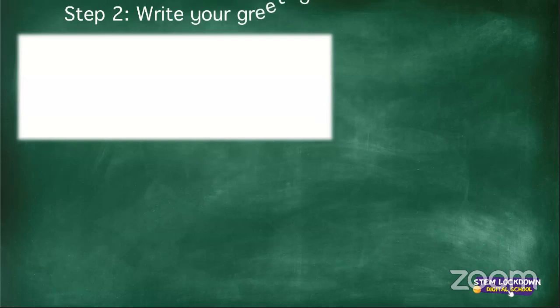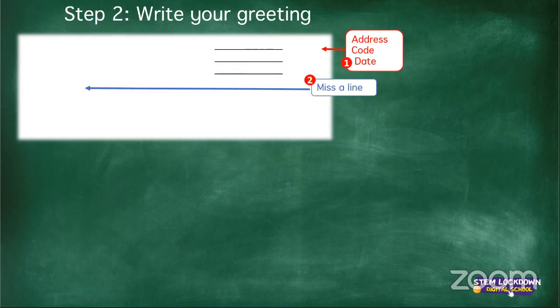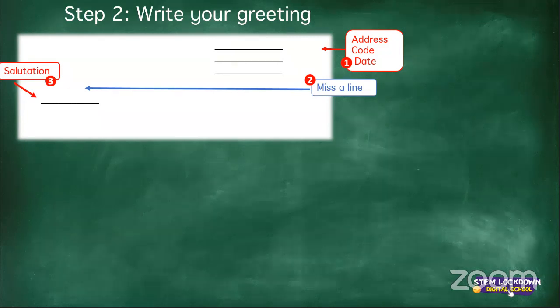Good. So now we're going to go on to step 2. So you should already have written your address and you should have missed a line. Now you're going to write your salutation. Dear so-and-so. Hello so-and-so. Good morning so-and-so. So write your salutation and then we're going to miss another line.